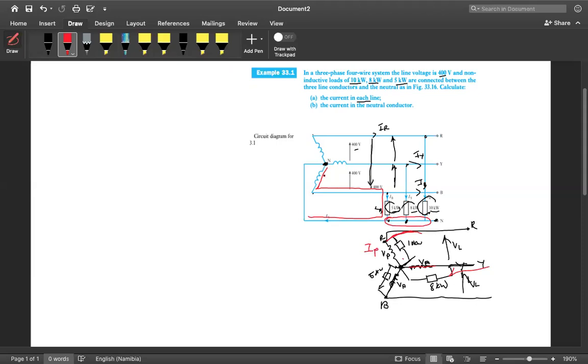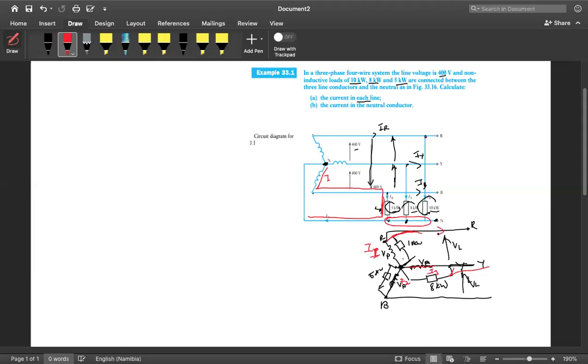So we have a line current here that flows also in this one here, our line current. So that means I have a line current here, which I'll call I1 here. Then here I can call it I2, and here I3.